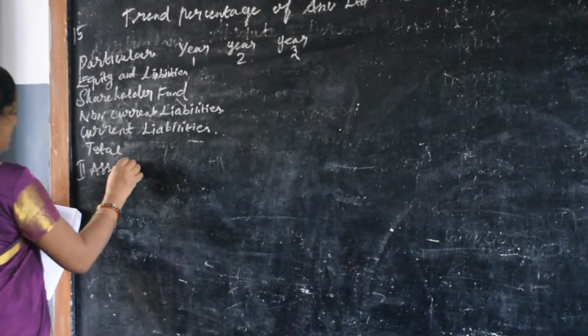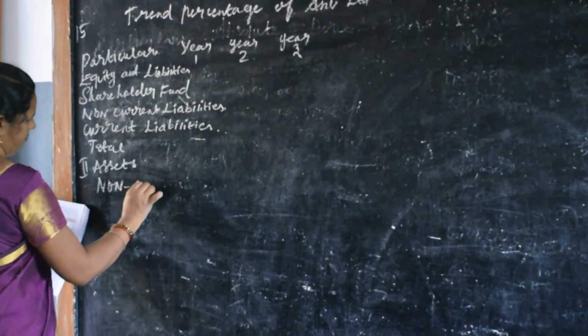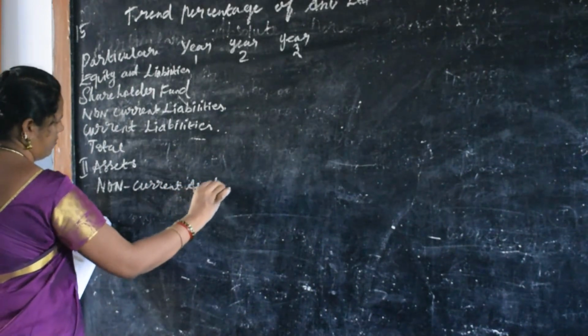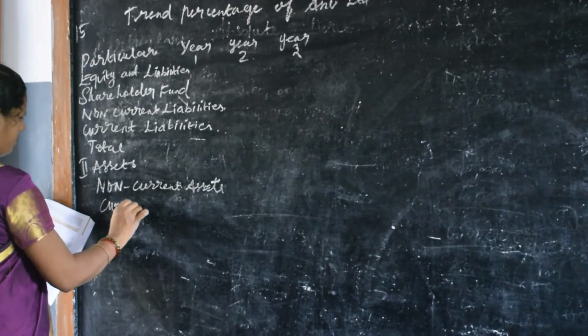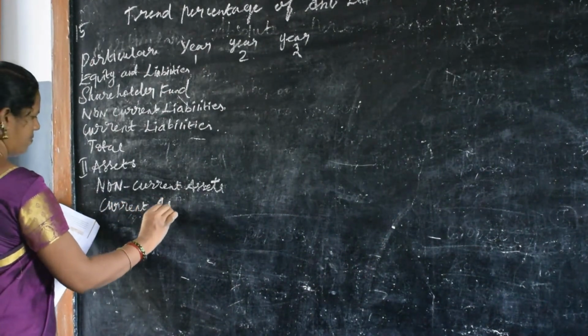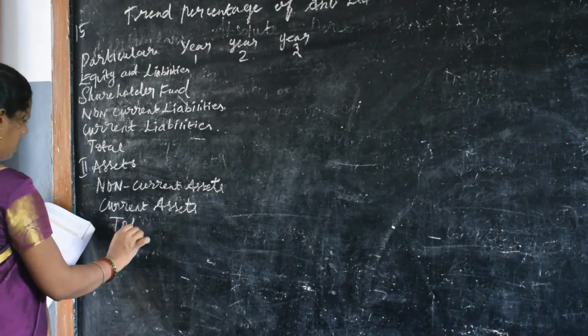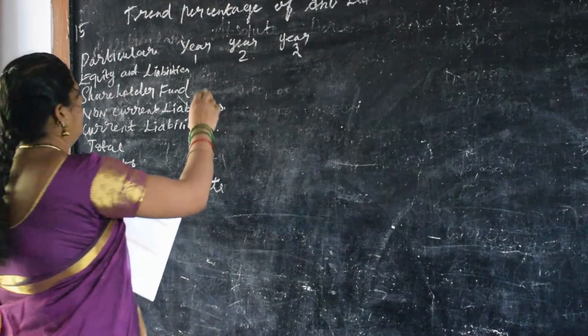Second heading is assets. Non-current assets. Current assets. Total. Fill the values correctly.